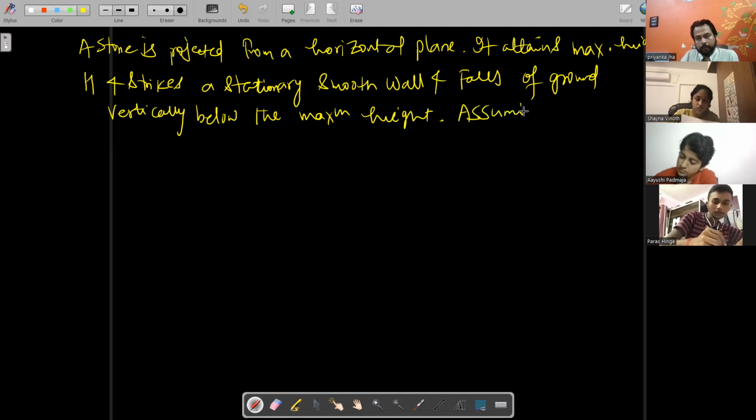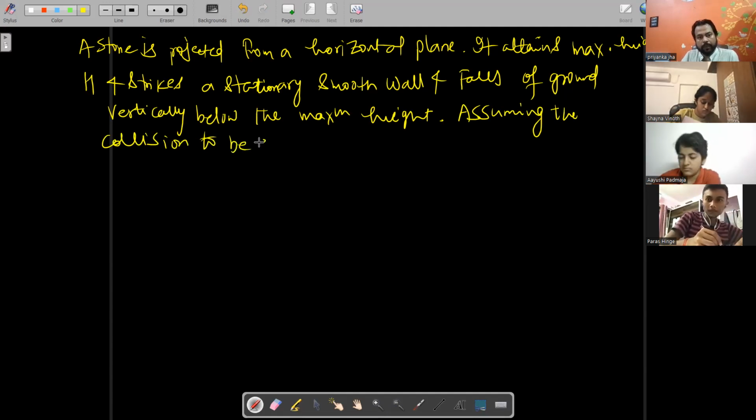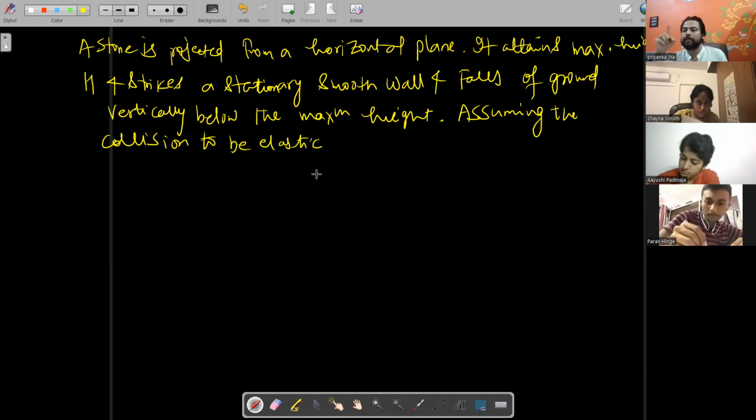Assuming the collision to be elastic. Its meaning is, if the collision is elastic, it means that it will have the same speed or velocity before striking and after striking, right? To be elastic means energy will be conserved.